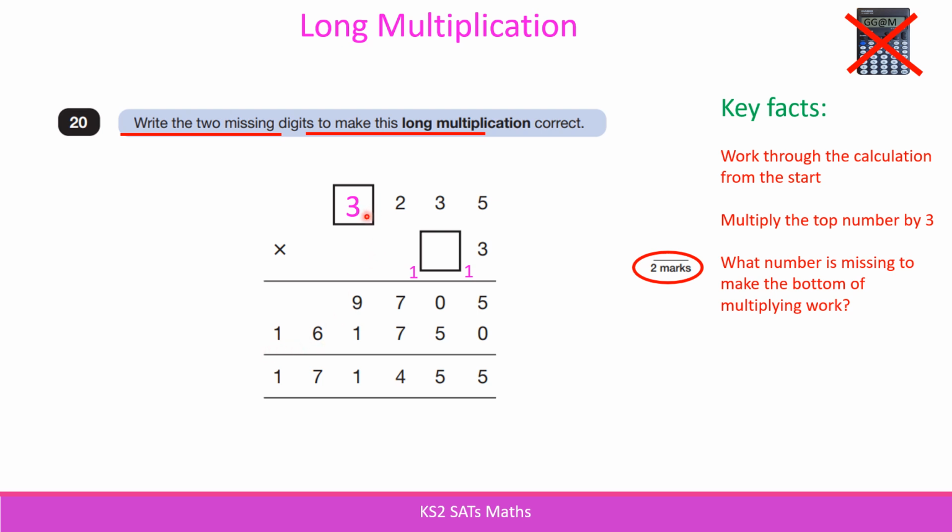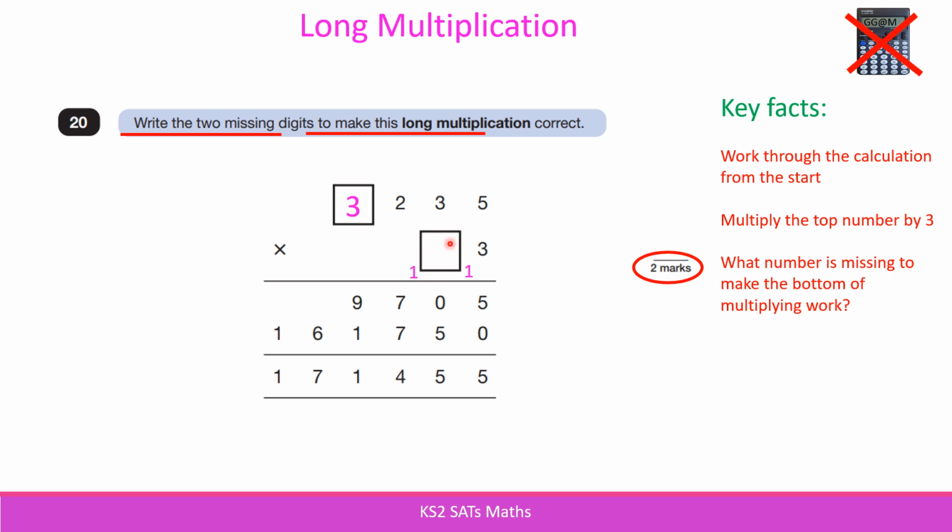So if you think about your 3 times table, it goes 3, 6, 9, 12, 15. Could potentially be a 12, but you've got quite a few added on to it. It's likely to be a 15, so this number here could be a 5. So 3 times 5 is 15, which is slightly less than this 16 on the end. We don't know whether it's right or not, so we're going to try it out.